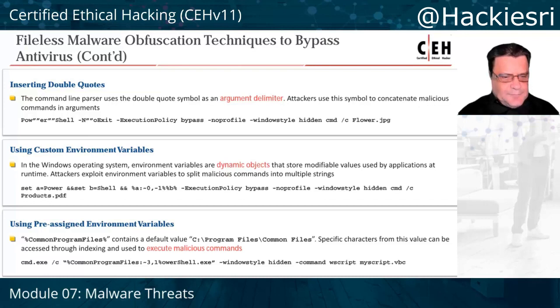In this case, "%CommonProgramFiles%" contains a default value of C:\Program Files\Common Files. Specific characters from this value can be accessed through indexing and used to execute malicious commands.